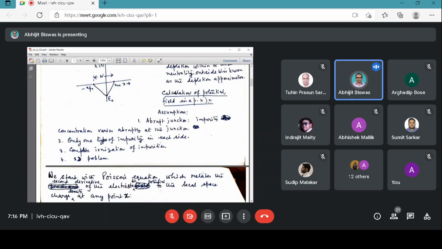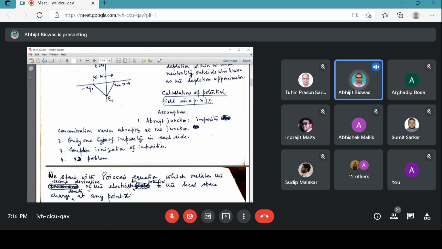If say the doping concentration is 10 to the power 16 per cc, we assume that all the impurities will be ionized at room temperature. Complete ionization, 100% ionization. Therefore, Na minus must be equal to Na, means the acceptor ion concentration must be equal to the acceptor concentration. And the similar thing holds good for donors also.